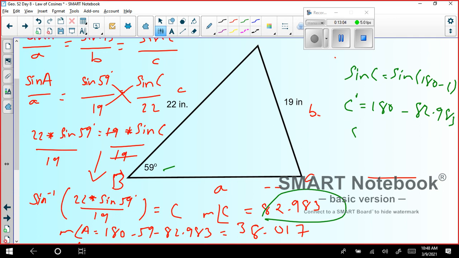That will give us C prime equals 180 minus 82.983, which gives us 97.017. If I have C prime, I can also find A prime. A prime is going to be another possibility of A based on this C prime, which is 180 minus 59 minus C prime.